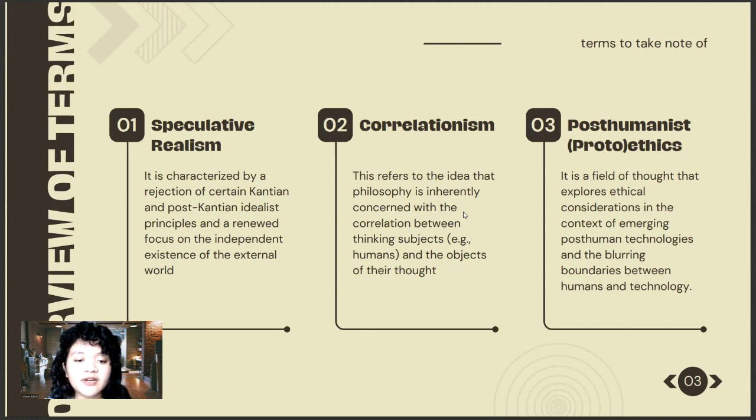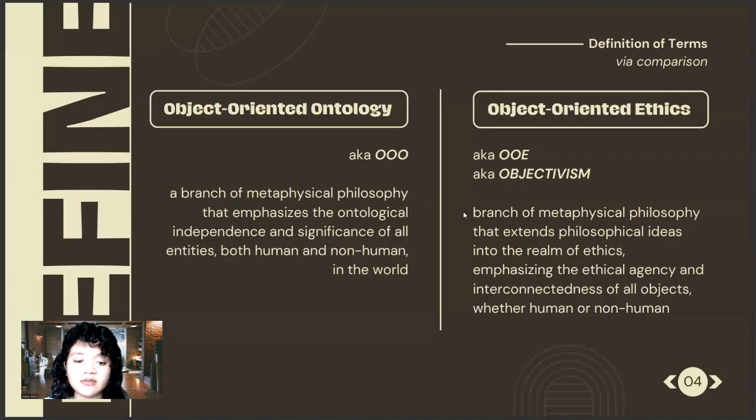Now, let us define object-oriented ethics by comparison. Object-oriented ethics is a branch of metaphysical philosophy that extends philosophical ideas into the realm of ethics, emphasizing the ethical agency and interconnectedness of all objects, whether human or non-human.